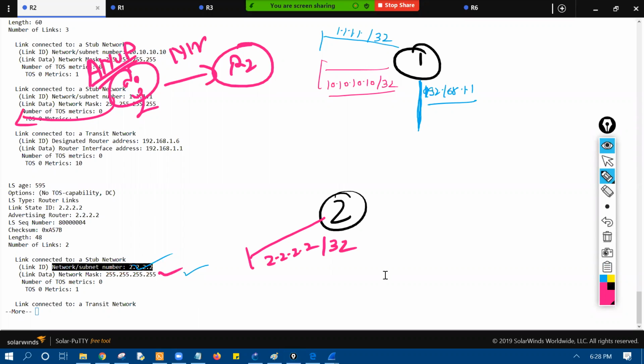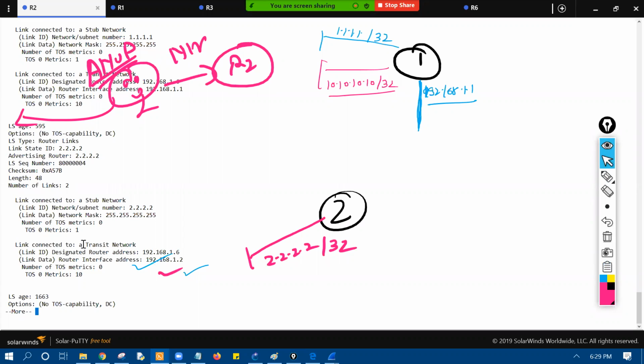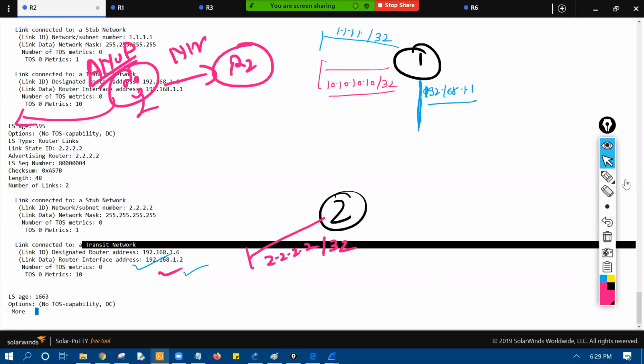Then one is a transit network. Let me draw the transit network that has the IP address. And he's also saying the DR is the same information, right?